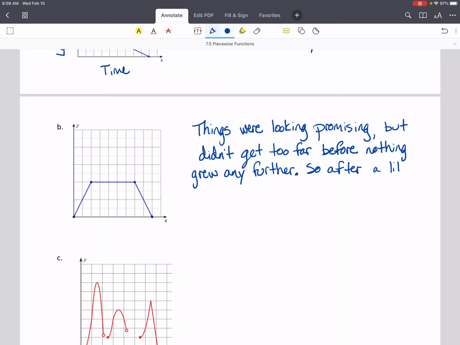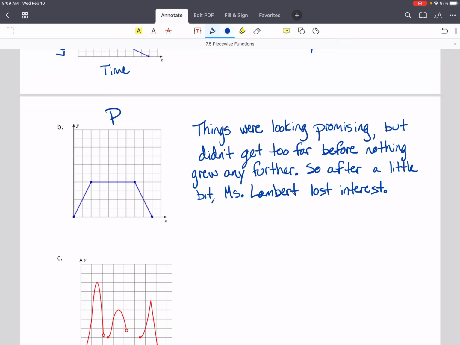So after a little bit, Miss Lambert lost interest. We'll call this graph P. Good old P. God, it just wasn't meant to be, you know what I'm saying?